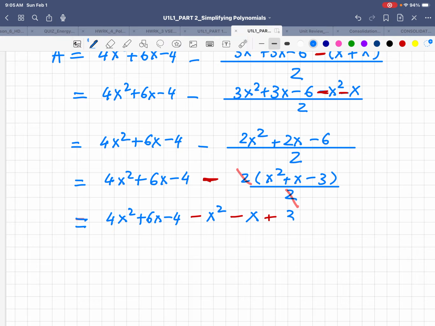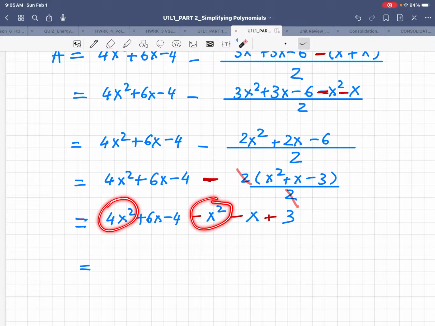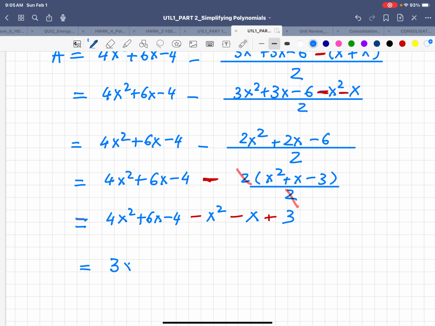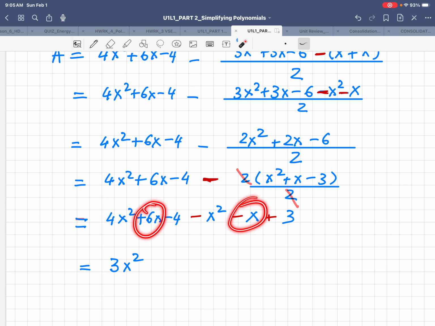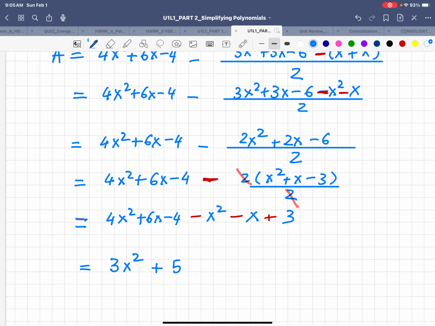And one last step. We have 4x squared minus 1x squared, so we're left with 3x squared. 6x minus 1x is 5x. And negative 4, positive 3 will give negative 1. And this would be the shaded area.